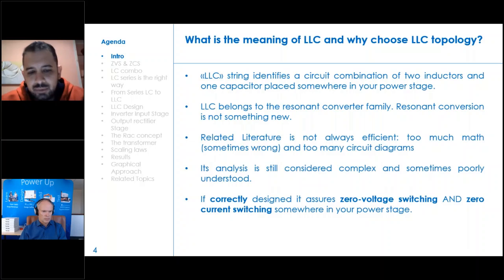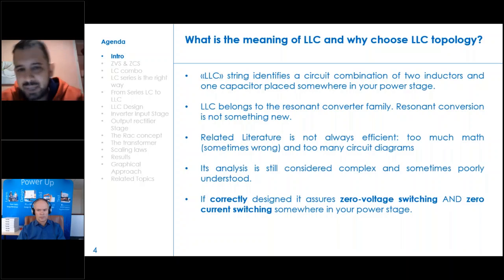The main issue about this topology is related to the fact that the literature is not always efficient, in the sense that there is too much math and sometimes wrong assumptions made before starting the design. And this demonstrates how even in 2020, its analysis is still considered complex and sometimes poorly understood.